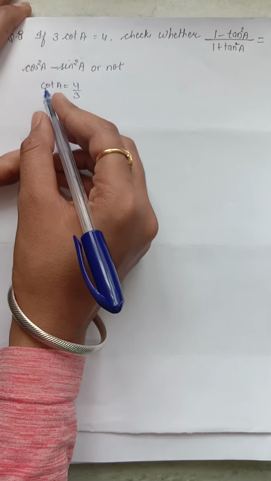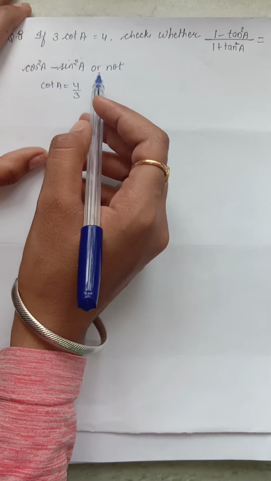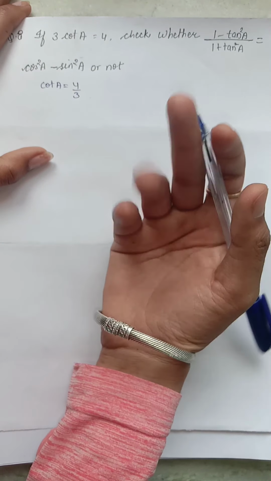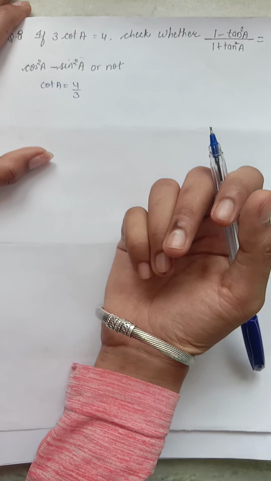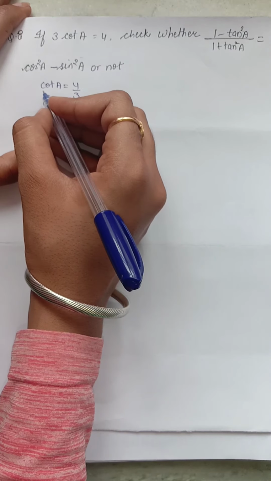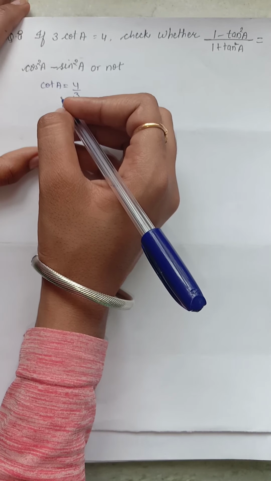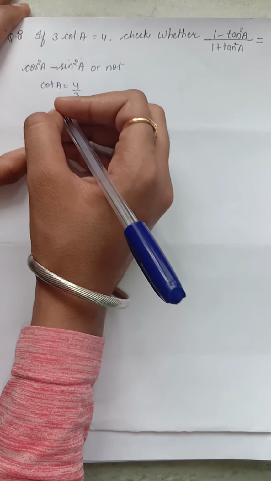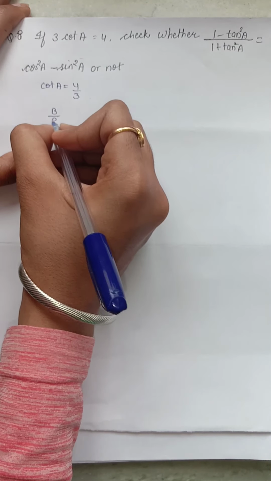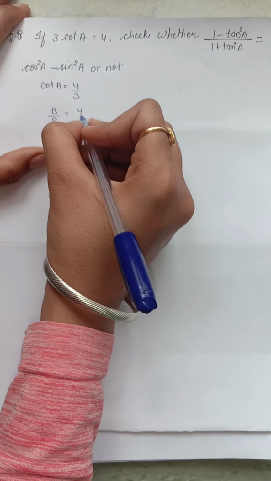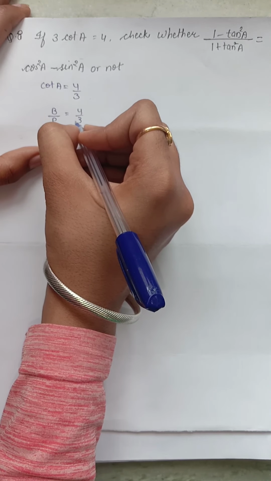Now from this we have to find the value of sin and cos. So how can we find it? The formula for the cot, which we solved in our last question, is b upon p, right? 4 upon 3. You have to find the hypotenuse.